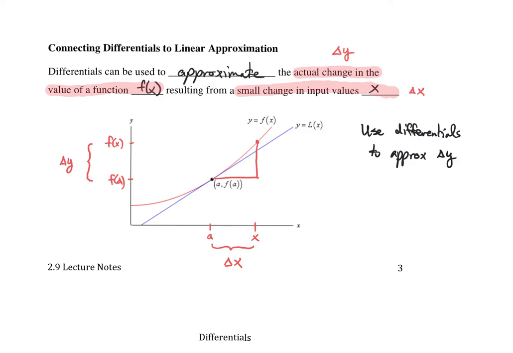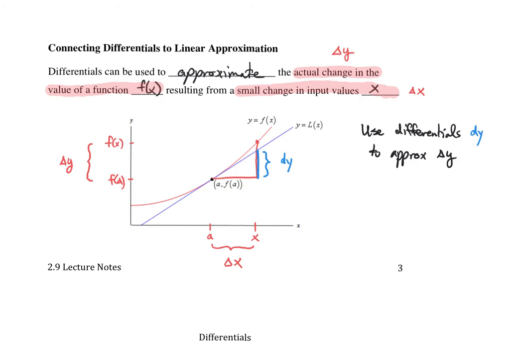So if I were to come to my line and drop from the line down to the original y value, this little blue line I've just drawn here, this is my differential dy. Okay, so we're really using the differential dy to approximate delta y.